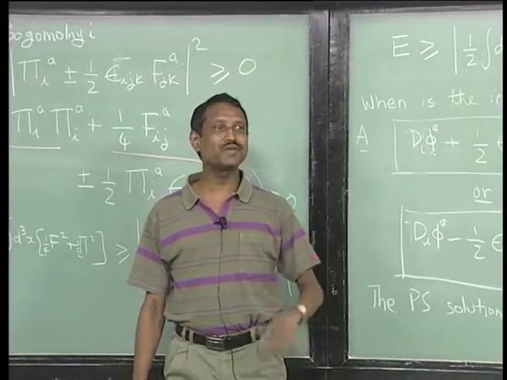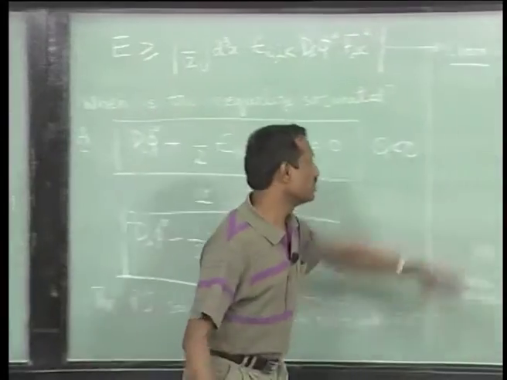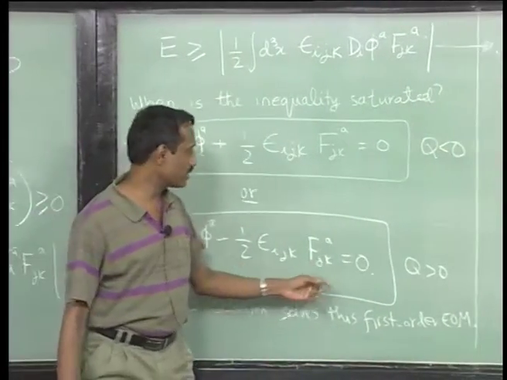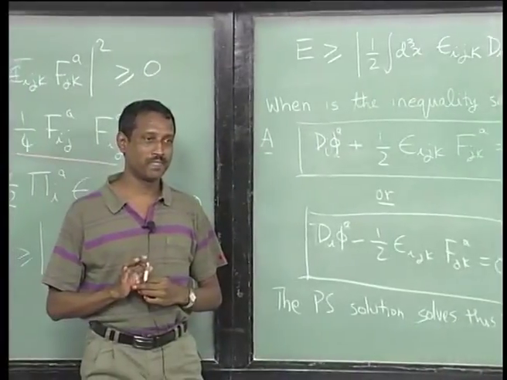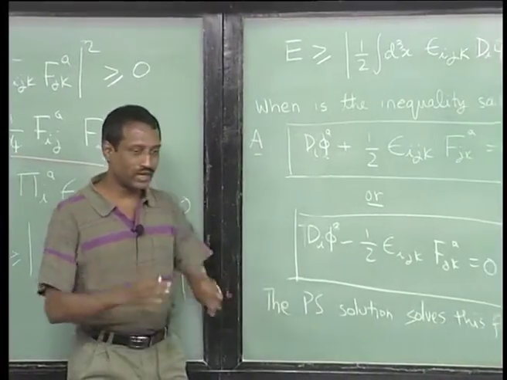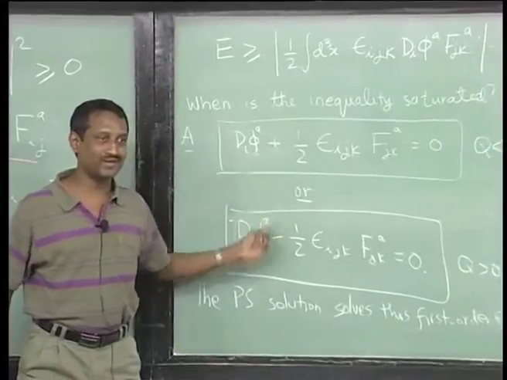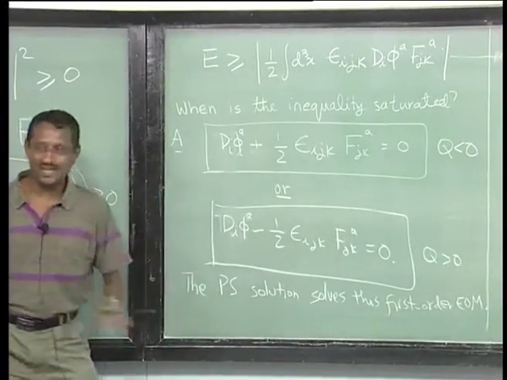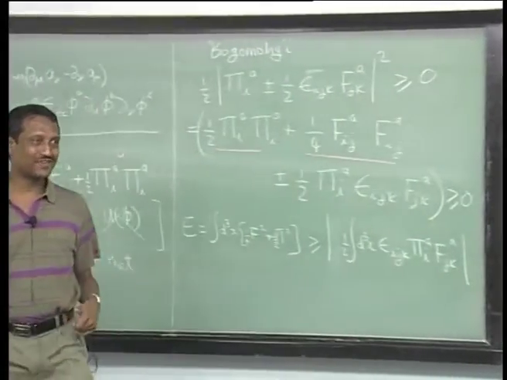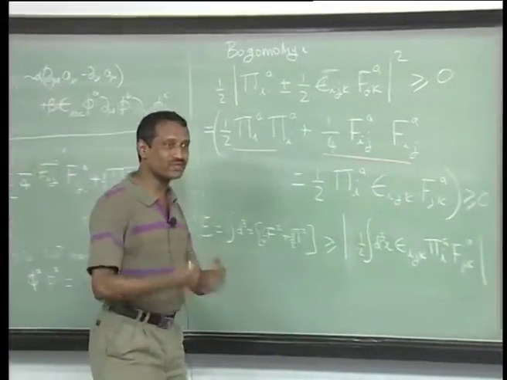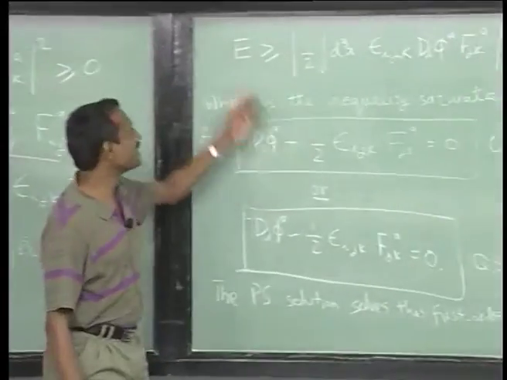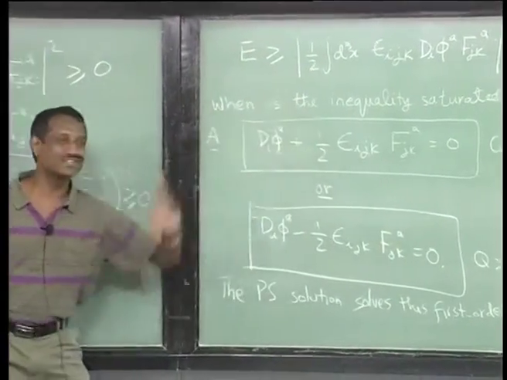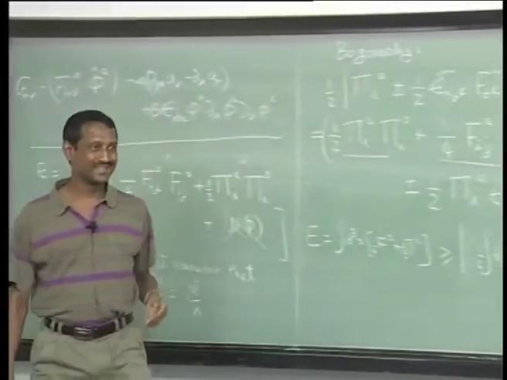So, in other words, if you tell me that it had monopole charge 2 and it saturates this equation, then you are done. But I do not think Prasad and Sommerfeld realized that whatever satisfies this equation will satisfy the second order differential equation, but the converse need not be true, because there exist solutions for which E is greater than this number with this charge, at least in principle.